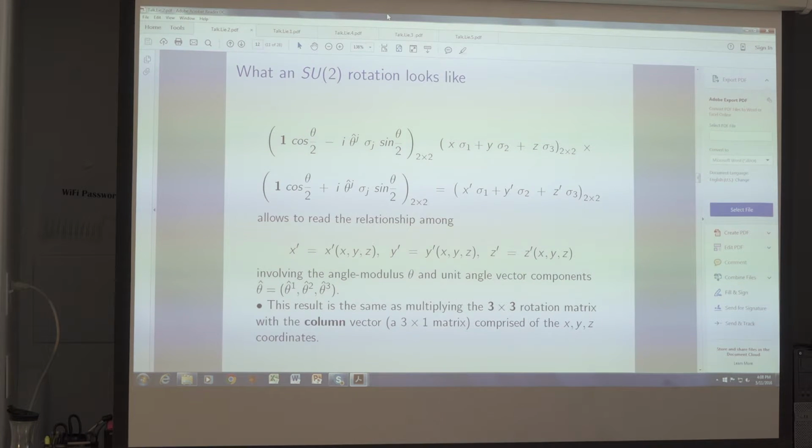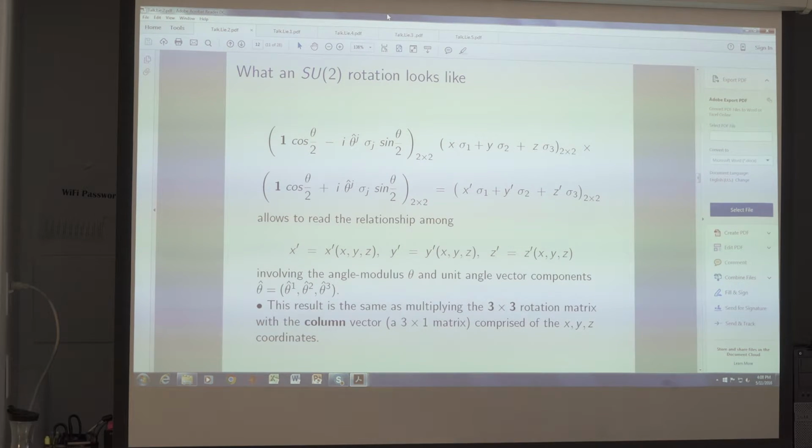Remember, the Pauli matrices are sigma 1, sigma 2, and sigma 3, the 3 Pauli spin matrices. Intuitively, they represent the x-axis, the y-axis, and the z-axis. In Clifford algebra language, this is what you call a vector. But in reality, it's sigma 1, sigma 2, sigma 3.